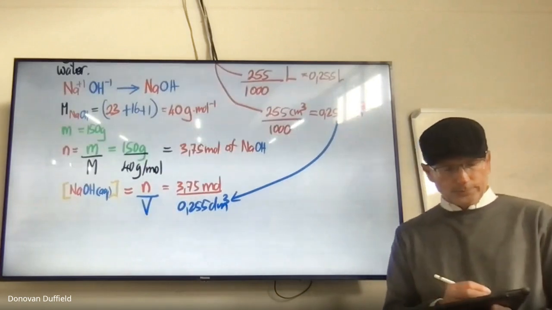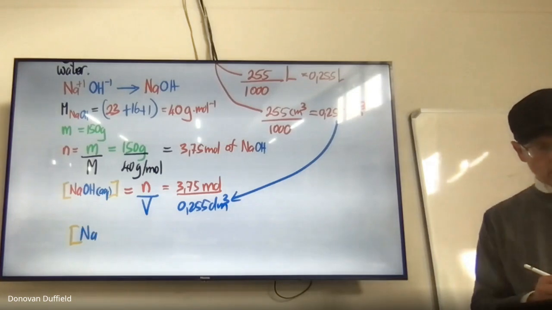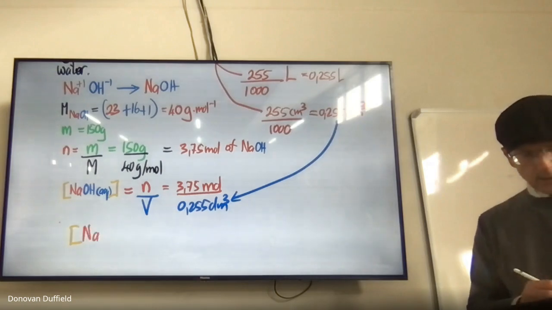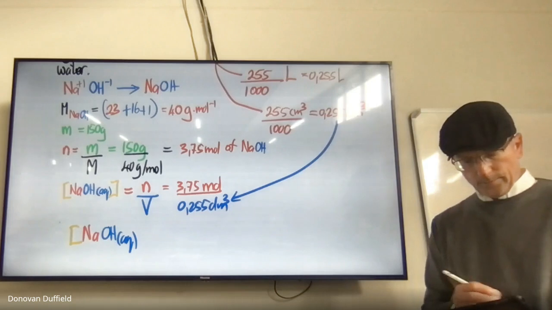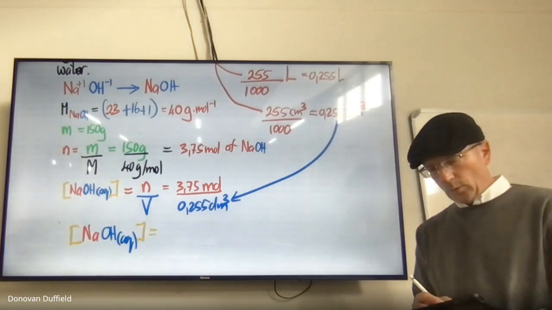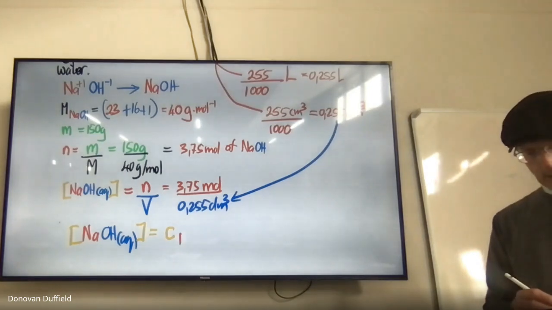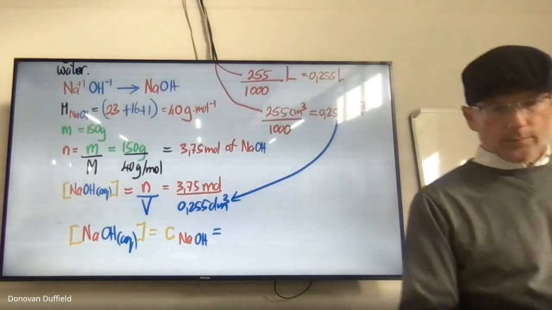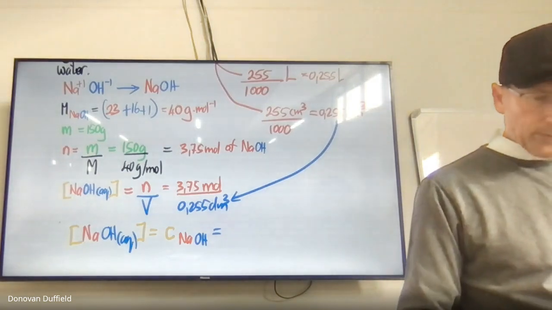So therefore, the concentration of the sodium hydroxide, NaOH aqueous, which we could also have called little c of NaOH, is going to equal 3,75 divided by 0.255.